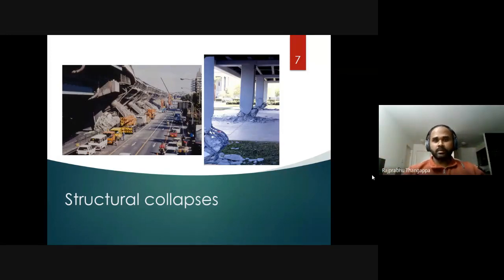This might have happened. On the right, you see a typical reinforced concrete building in which this failure is because of the soft story effect. You would say it is because of the differences in stiffnesses of the building along the height of the structure.